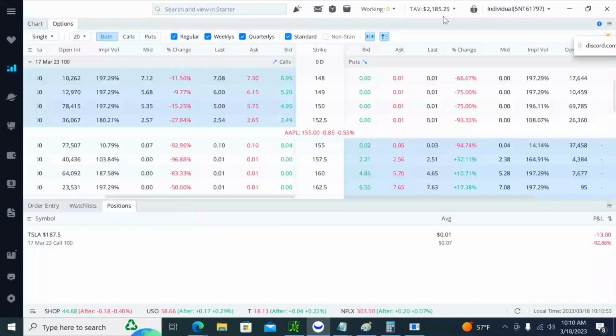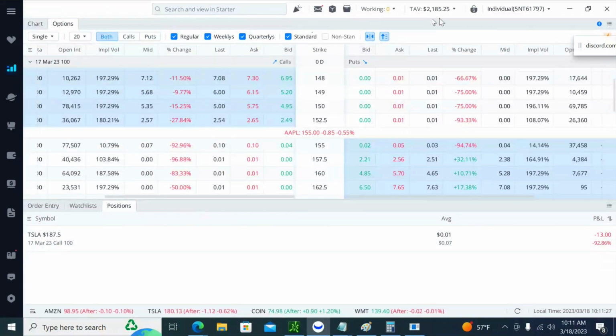Then I think on Thursday I wasn't managing it like I needed to. This is an example of letting the drawdowns get out of control. It was about 2,485 or whatever it was, and it went down to 1,900. Yesterday I built it back by about $300. The reason that happened was I was not managing the loss side.